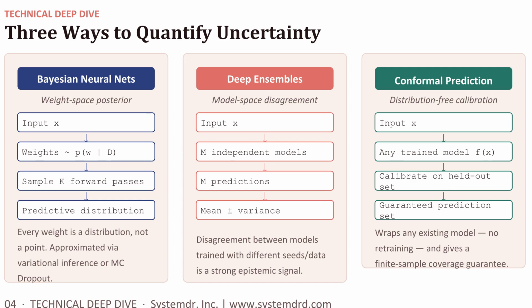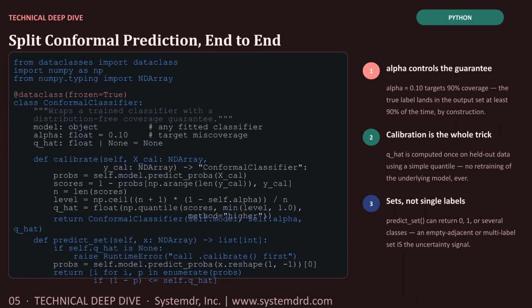Let's see conformal prediction implemented end-to-end, since it's the lowest cost retrofit onto a model you already have running. Here's split conformal prediction in real shippable code. Let's walk it quickly. Calibrate takes a held-out calibration set, data never seen during training, and computes a nonconformity score per example, 1 minus the predicted probability of the true class, so confident correct scores near 0 and confident wrong scores near 1.